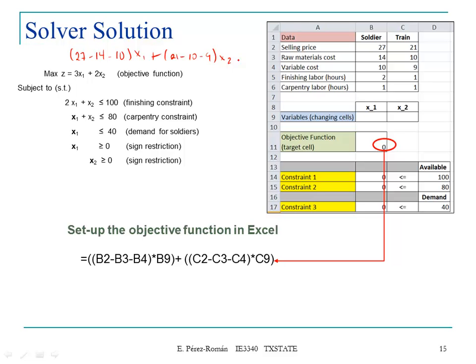C9 is this cell. Okay, so the formula that you will have in here is this one.